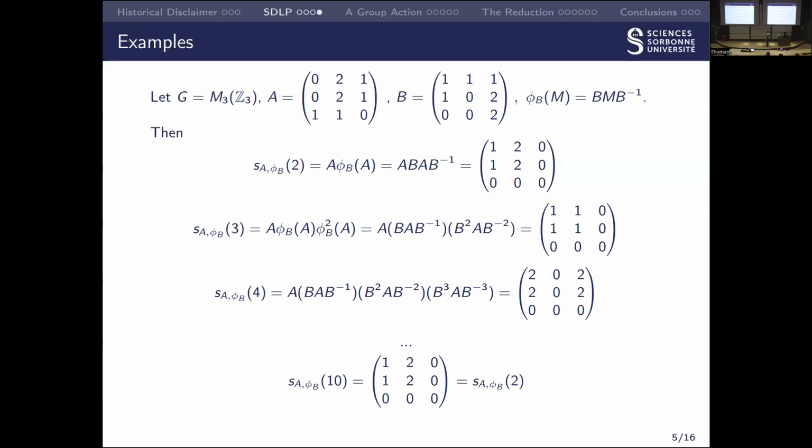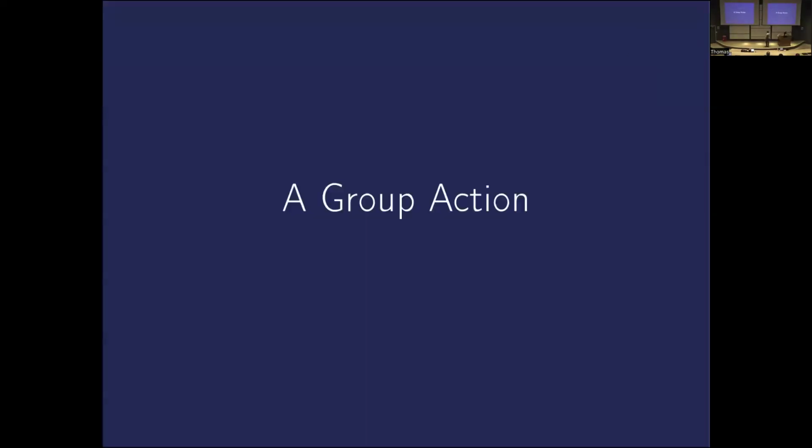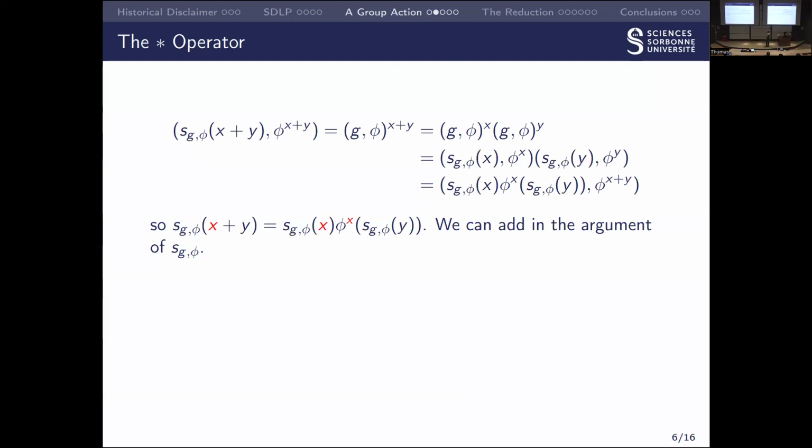And actually what it also implies is a group action. Basically what we do here is draw a connection from this SDLP to a group action, and then that gives us access to a bunch of techniques that we can synthesize. So let's see why we get this group action. The first thing to note is that we have this star operator, which I will be using a lot.